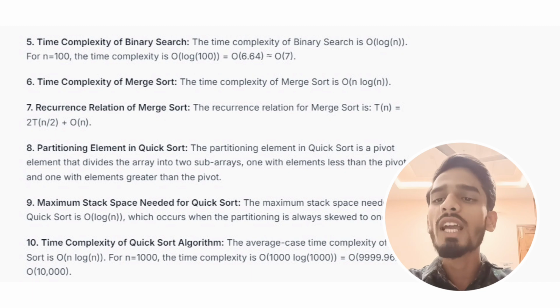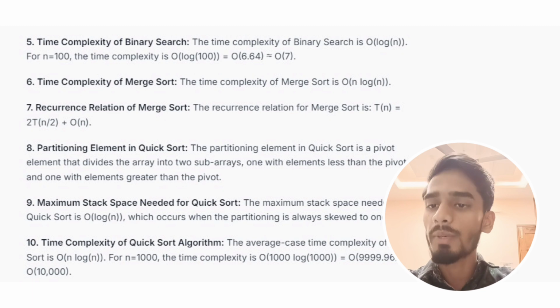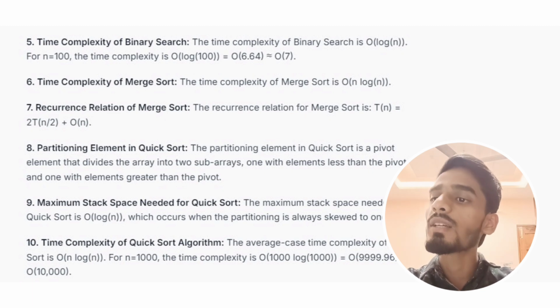Next, let us define the partitioning element in quicksort. The partitioning element in quicksort is a pivot element that divides the array into two subarrays, one with elements less than the pivot and one with elements greater than the pivot.